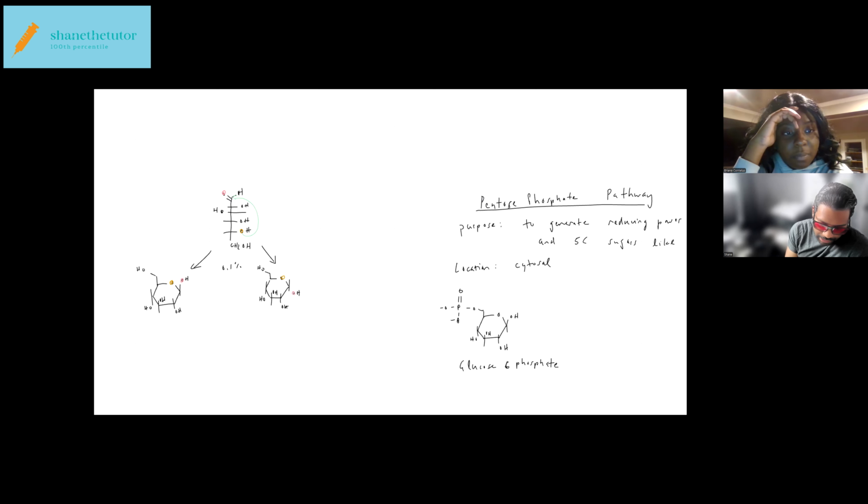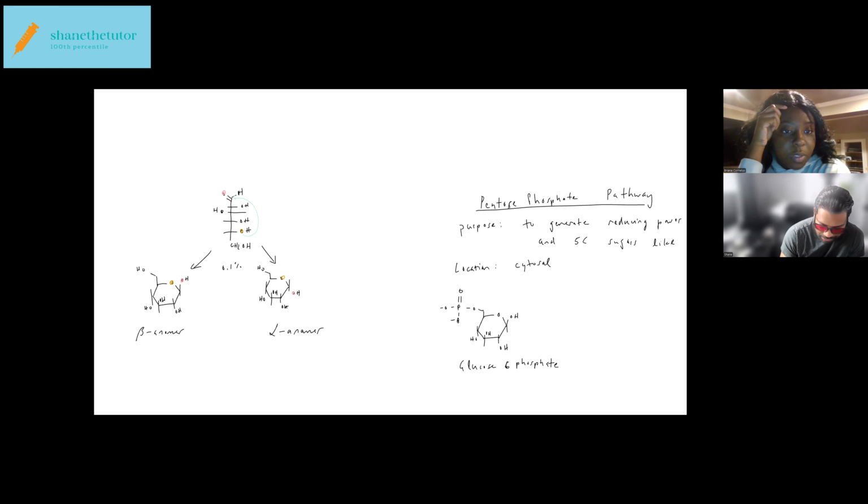If this hydroxyl group is also upwards, this is called the beta anomer. The one on this one is opposite, down relative to the sixth carbon. So that's the alpha anomer.